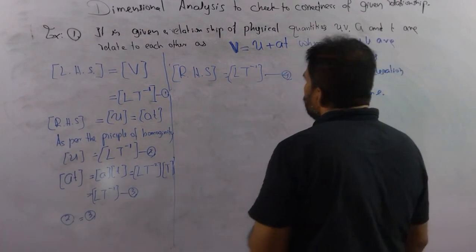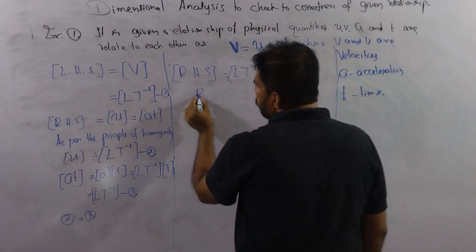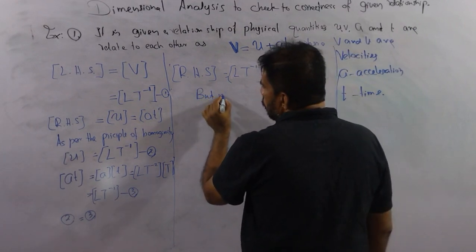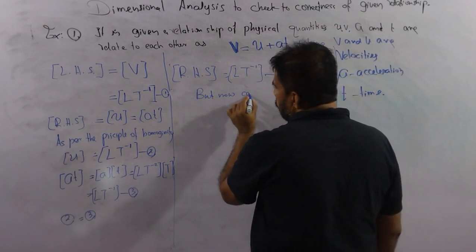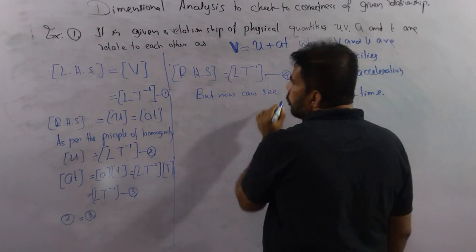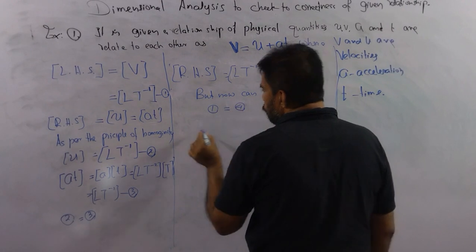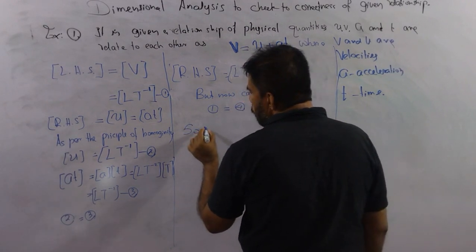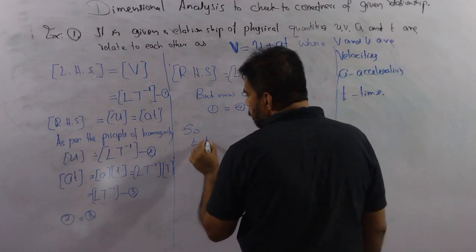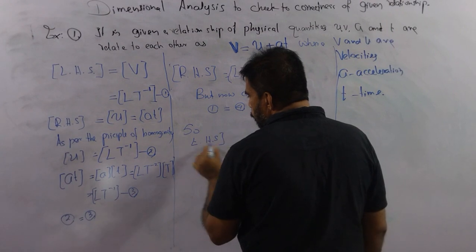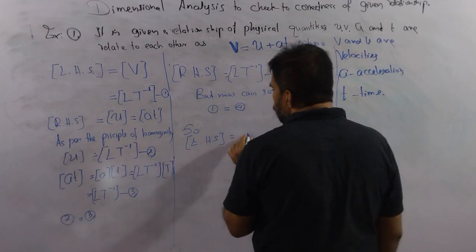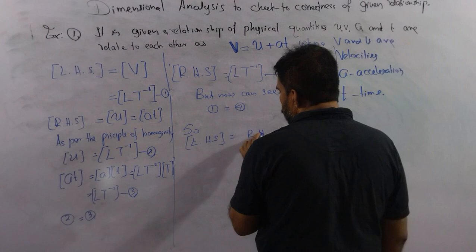Now we can see 1 equals 4. So dimensionally the left hand side equals the right hand side.